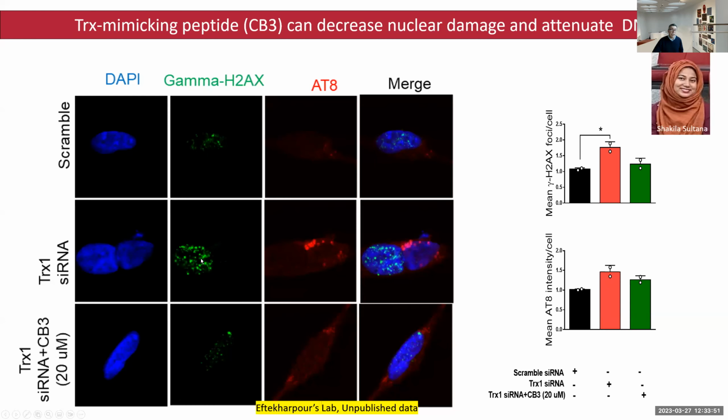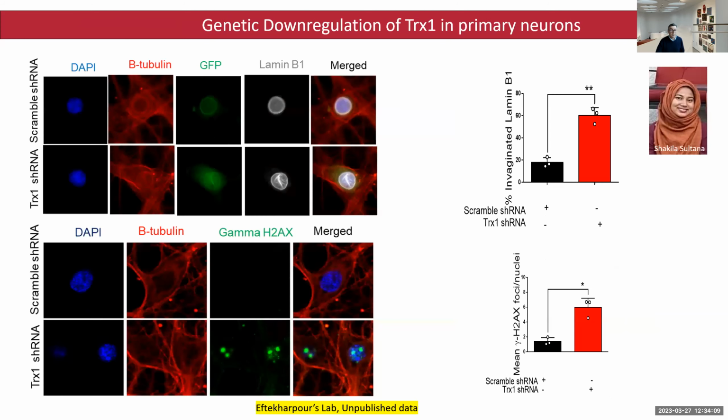We see that downregulation of thioredoxin is sufficient to increase the amount of DNA damage, but this DNA damage can be treated and prevented significantly with addition of CB3.